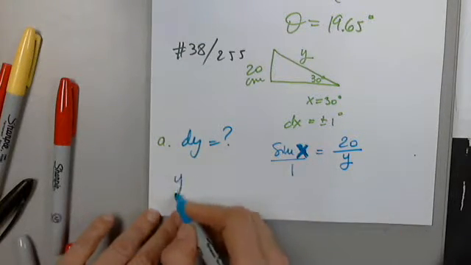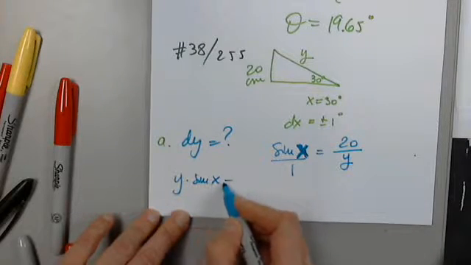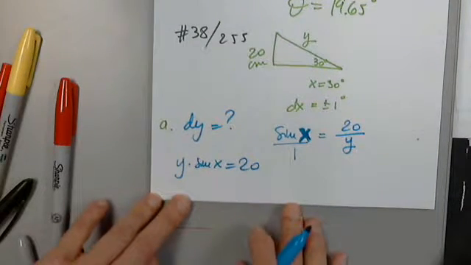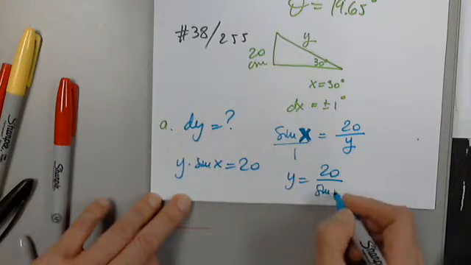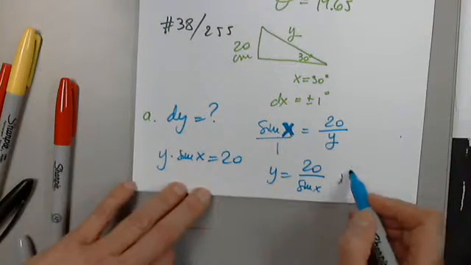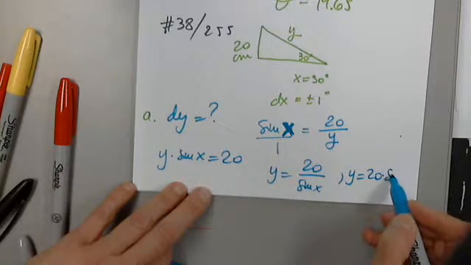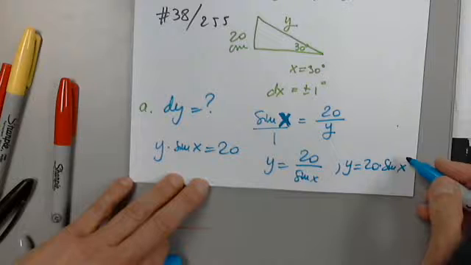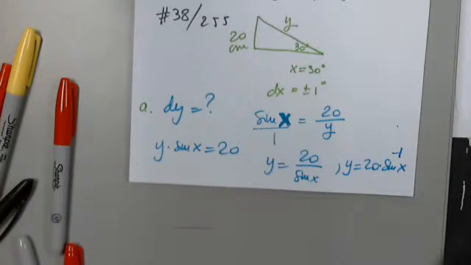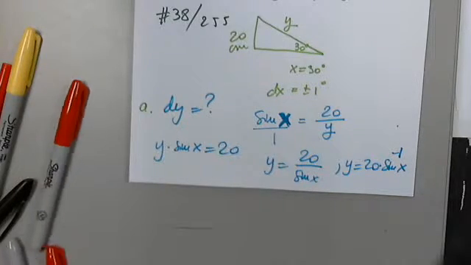So y times sine x equals 20. y equals 20 over sine x. Better, y equals 20 times sine x to which power? Careful. It's not sine inverse, it's just sine raised to negative 1.